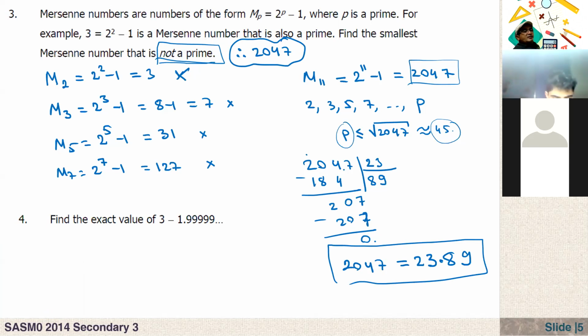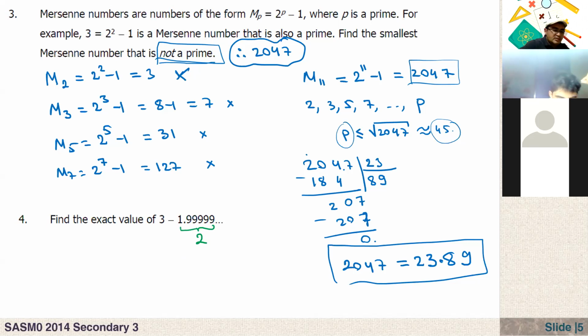Okay, Musa, how will you answer the next question? Find the exact value of 3 minus 1.999 recurring. What is the answer? What is 1.999 equal to? It is equal to 2, remember this. Right?